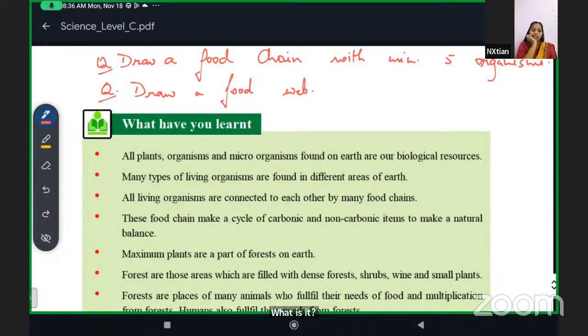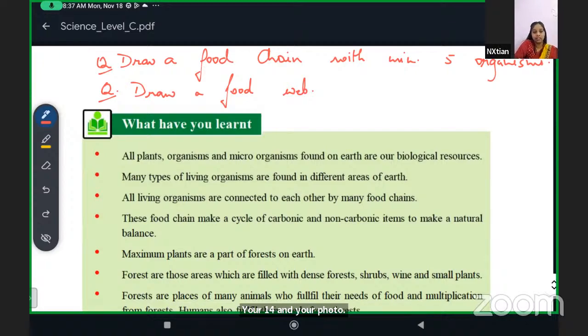Can you explain your food chain and your food web, Abraham? Ma'am, I didn't research the entire food chain, but I checked what animal eats what. Okay, that's all right. If you just check what animals you can put in, then it's okay. You can show it on the camera and then you can explain your food chain and your food web.